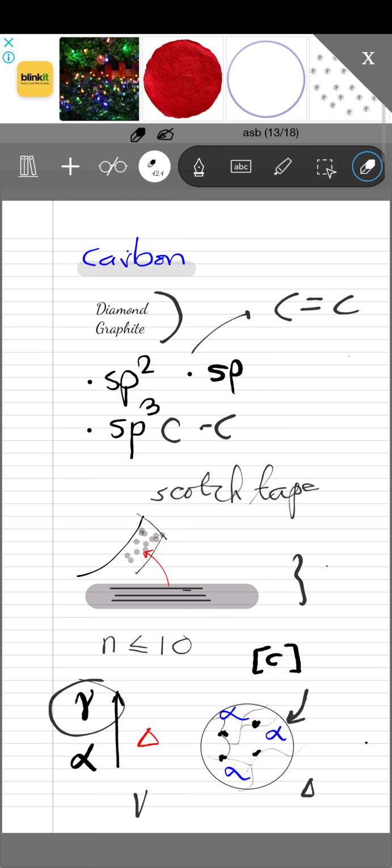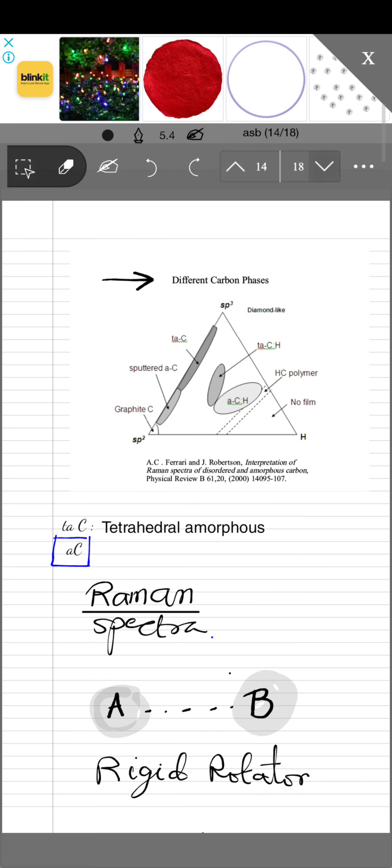This region where the new carbon material has stuck is basically taking out a few layers of graphite with the scotch tape, and this gives rise to a new type of material which is called graphene.